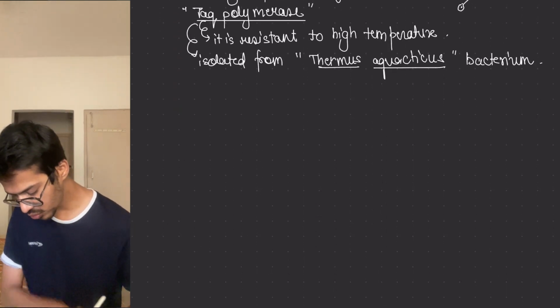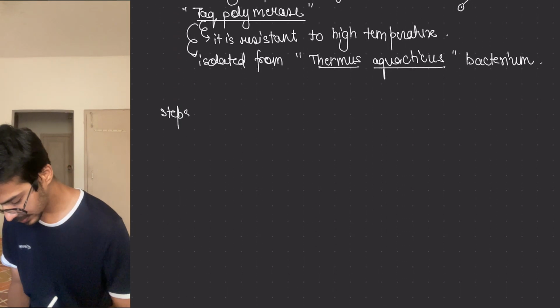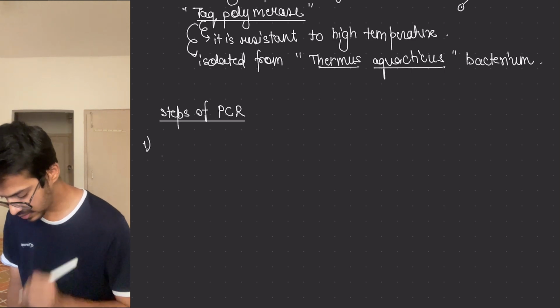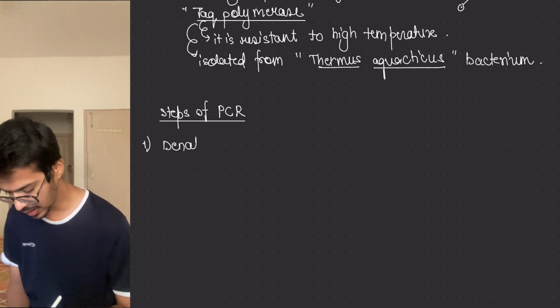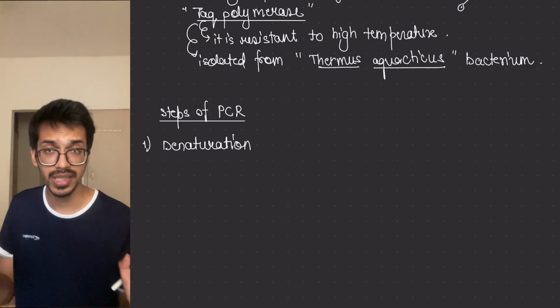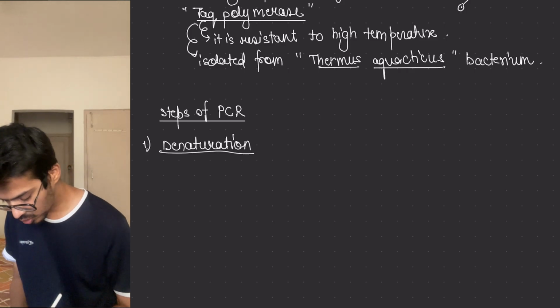So number one is the denaturation. Denaturation word means breaking the natural form of it, so how your DNA looks like.